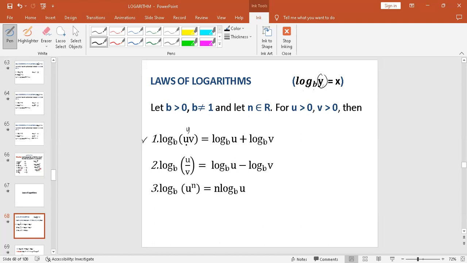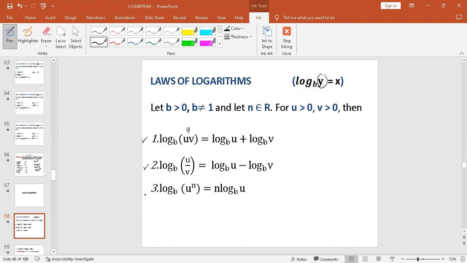Okay, pag in-express yung dalawang values ng y as product, pag i-expand mo siya, gagamitan mo ng addition. Okay? In law number 2, u and v are expressed as quotient. Okay? So, its expanded form will use subtraction. So, paghihiwalayin natin si u and v using subtraction. So, this will become log of u to the base b minus log of v to the base b.